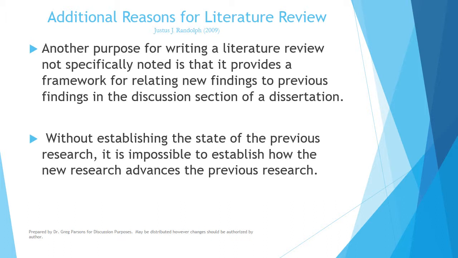You really can't do this unless you can demonstrate that you understand what's been done before. So there are lots of different reasons why the literature review is important, and this also helps us as we talk about how you do the literature review. It helps us understand what needs to be included and how we're going to write the literature review to meet all these criteria.